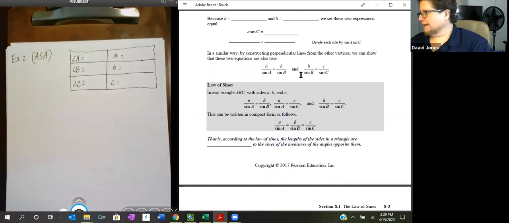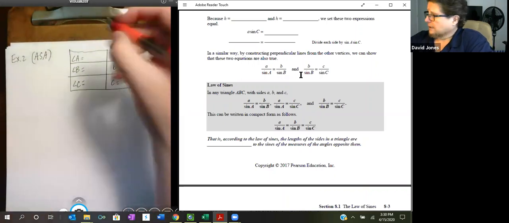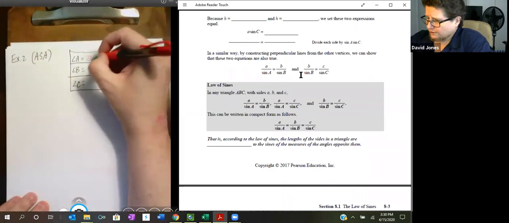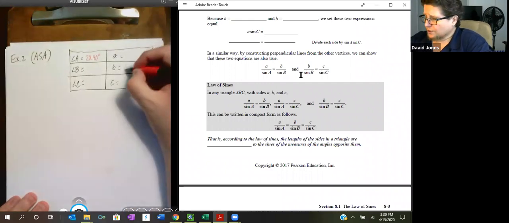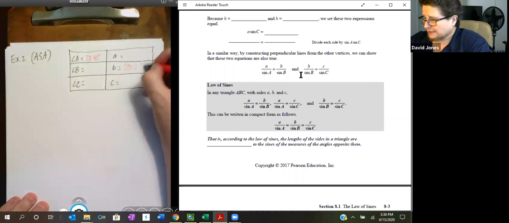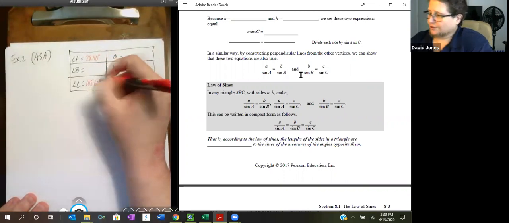Our given information: we know that angle A is 28.40 degrees. We know side B is 290.2 feet. And we know angle C is 105.60 degrees.